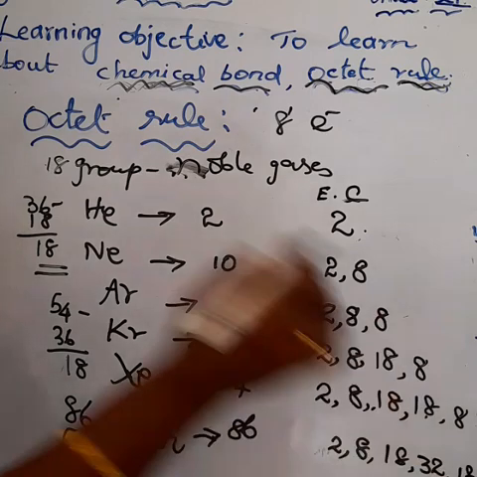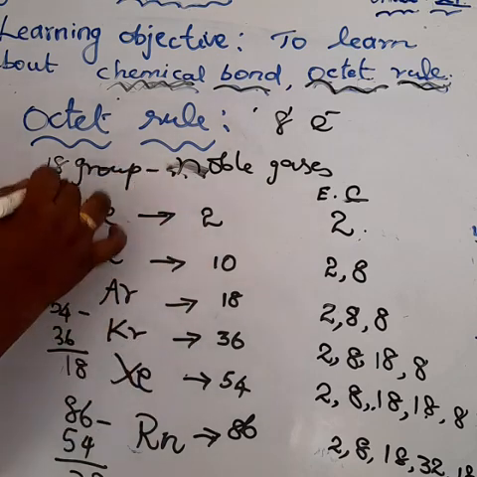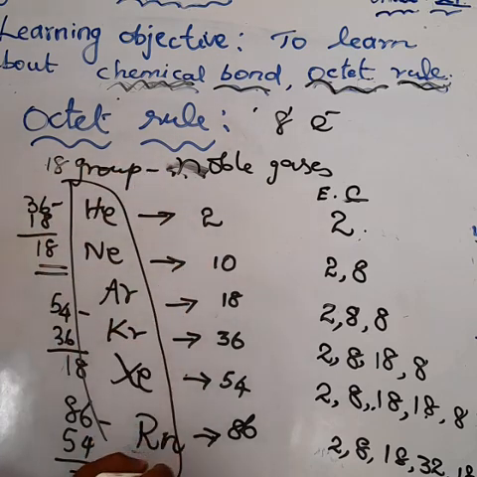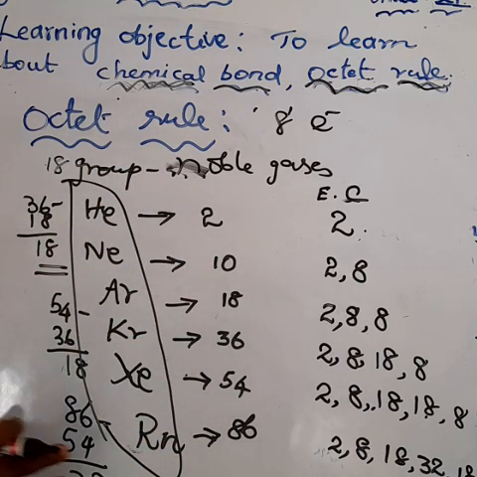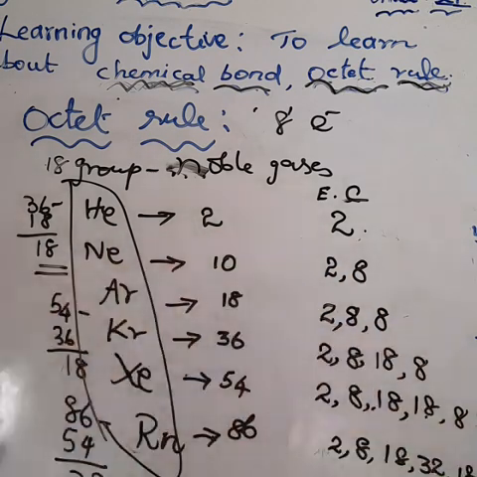So all these inert gases have 8 completely filled electrons in the outermost orbit.